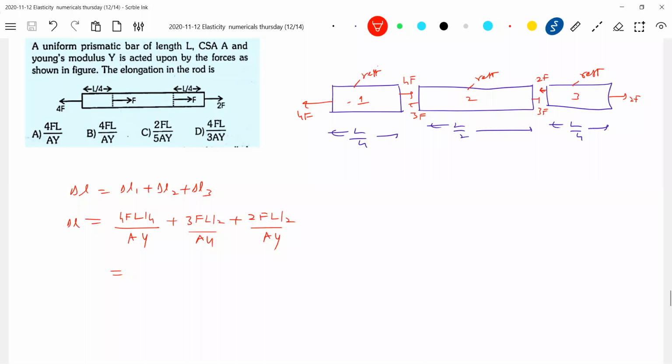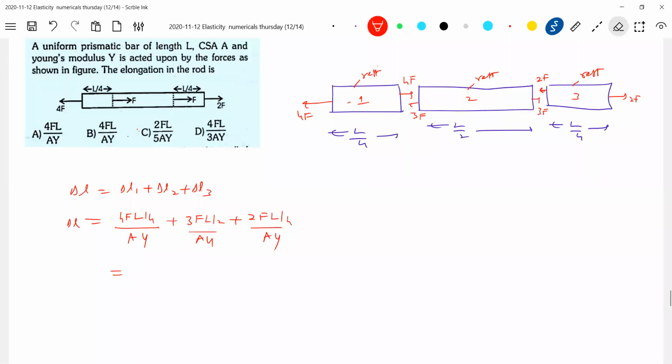In the equation, 2F L by 4. So 1 by 2, 3 by 2, 1. 1 plus 3 by 2 plus 1. I think 3 will come, no? 3 FL by AY. No options, huh?